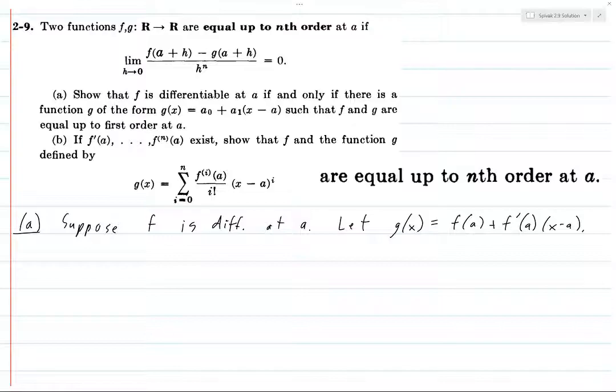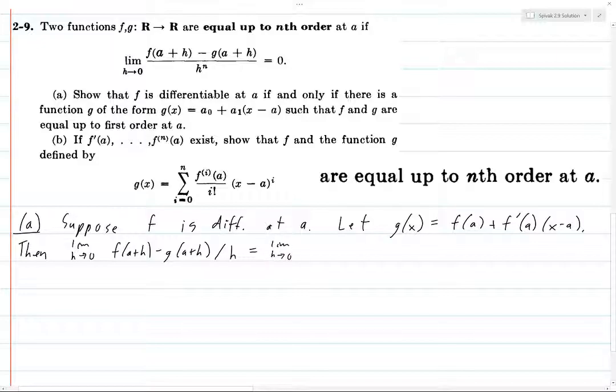Okay, so then if we take the limit as h goes to 0 of f of a plus h minus g of a plus h over h, because here we're letting n be 1. So f of a plus h is there.